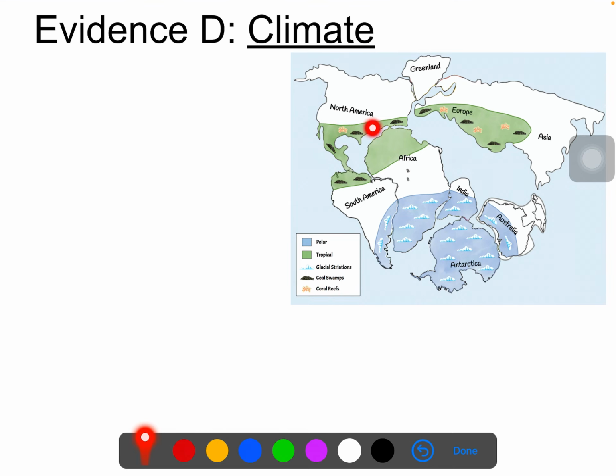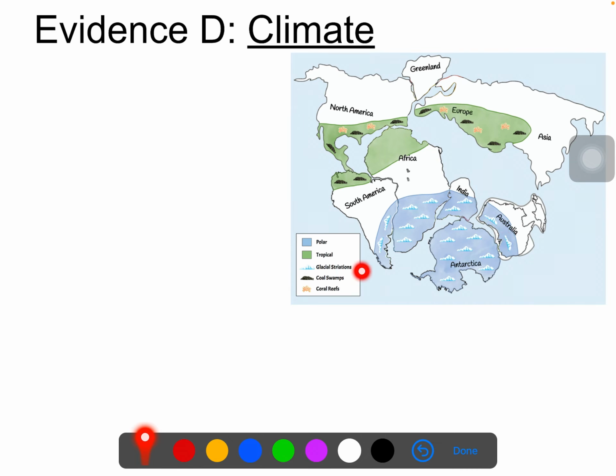It also shows coral reefs and those coal swamps. We're seeing that same pattern across Europe, tip of Africa and South America. We're also seeing polar evidence, all this blue, and glacial striations.